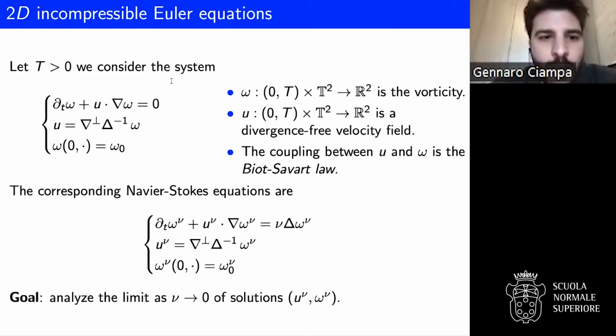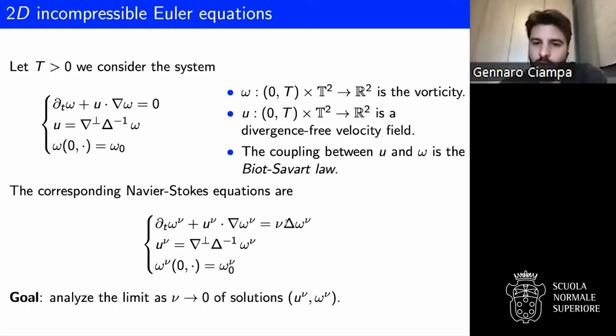Okay, a peculiar fact of the 2D case is that the vorticity solves a kind of transport equation which is nonlinear and non-local due to the coupling with the velocity, which is the so-called Biot-Savart law. And the problem we want to address is to analyze the famous vanishing viscosity limit, in the sense that we consider the corresponding system for the Navier-Stokes equation.